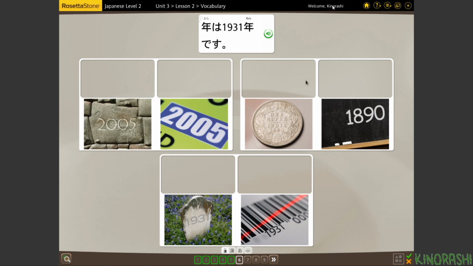Onyomi. Let's see. Okay, so onyomi is "nen". So in this case, onyomi is "nen" and kunyomi is "toshi".